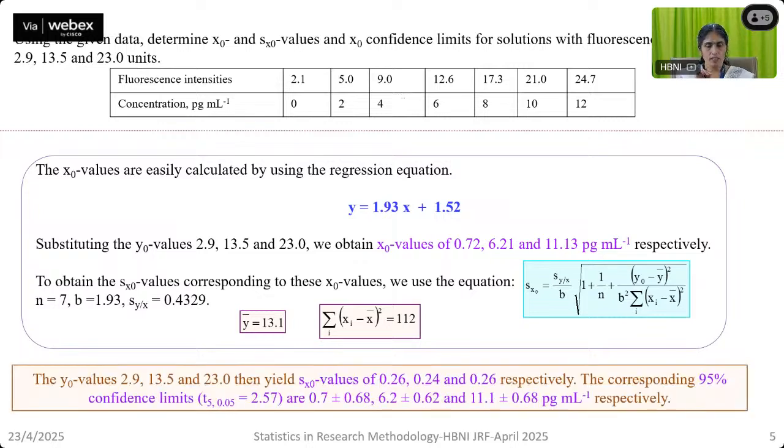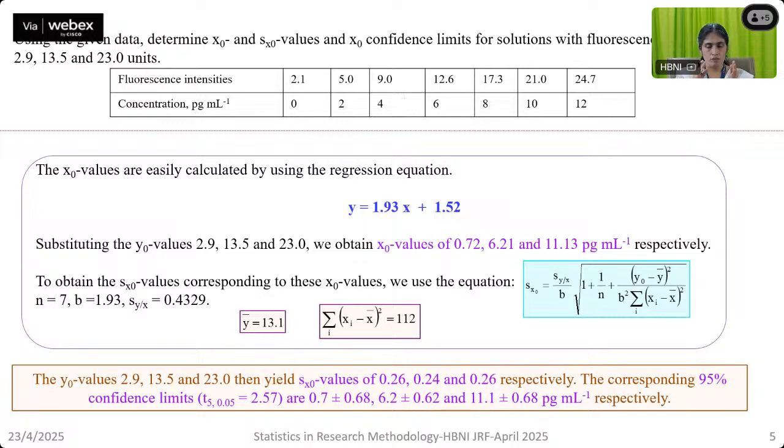If you calculate the standard deviation and confidence interval, you will see that at the lowest as well as at the highest concentration range, the confidence intervals are larger, whereas near the midpoint of the calibration curve, the confidence intervals are narrower.